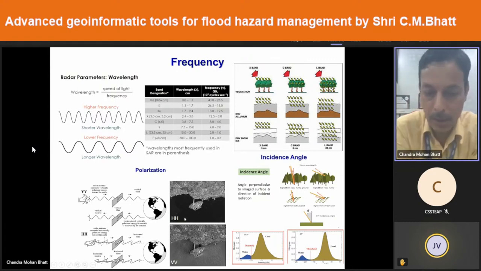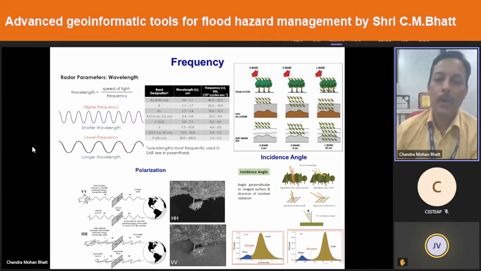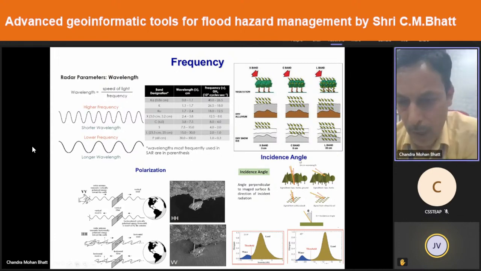HH is the best polarization, most suited for flood hazard mapping. But even if HH is not available, co-polarized data like HH and VV are more preferred.